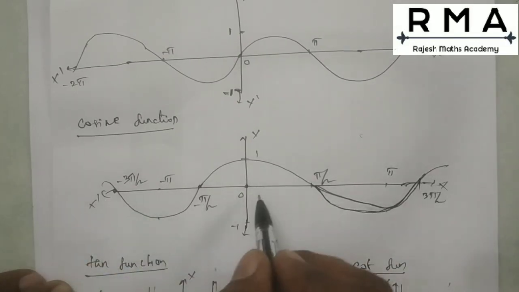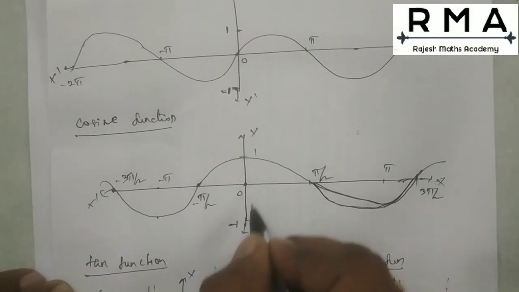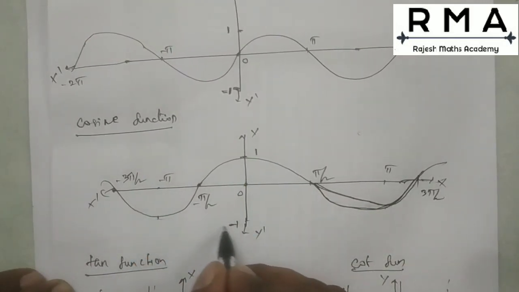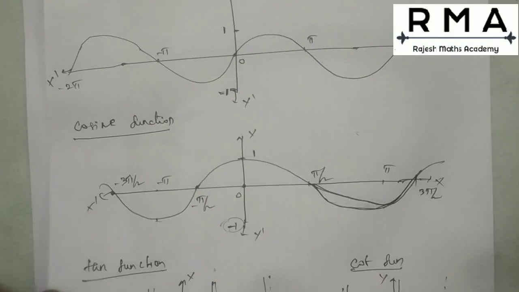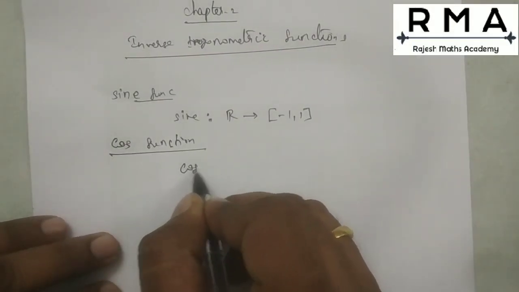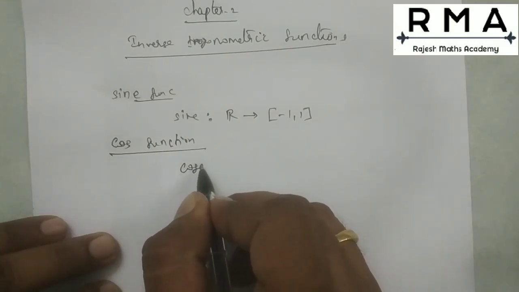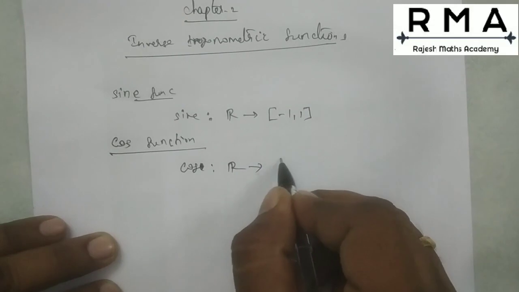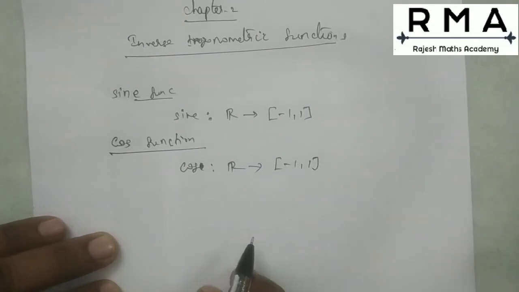Similarly the maximum value of the cosine function is 1 and the minimum value is -1, so the range is the closed interval -1 to 1. The cosine function has domain all real numbers and range -1 to 1.